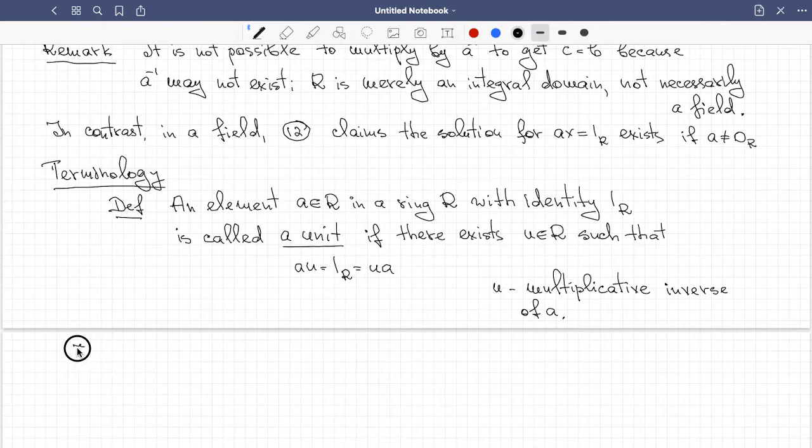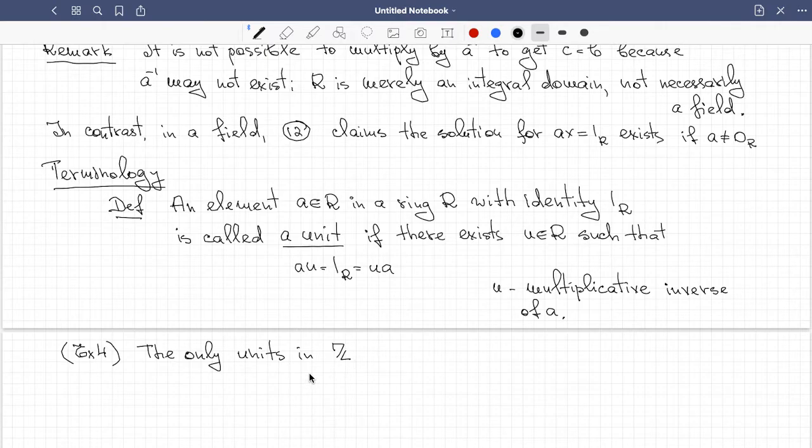Example 4 in the book. The only units in the ring Z. Z is a ring with identity, moreover commutative. The identity is the number 1.